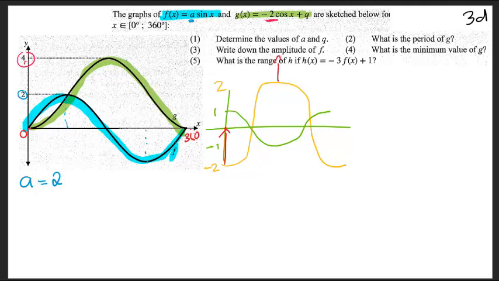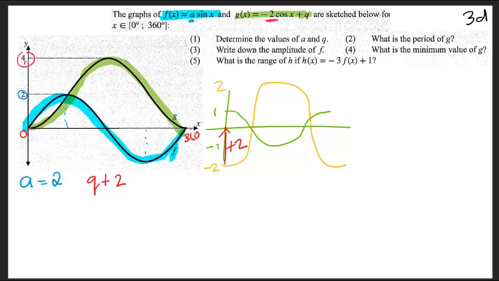And this one ends up being 2 until 4. Meaning that my q value ends up being a positive 2. Q is plus 2. I hope that made sense to you.